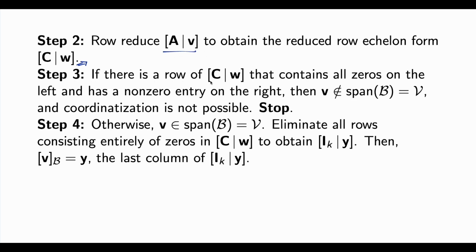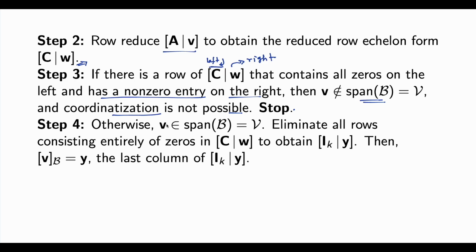If there is a row of this augmented matrix that contains all zeros on the left and a non-zero entry on the right, left meaning this entire part and right meaning this side, then it is a form like no solution. Then v does not belong to the span of the given basis B. It means that coordinatization is not possible. Okay, then we can stop.